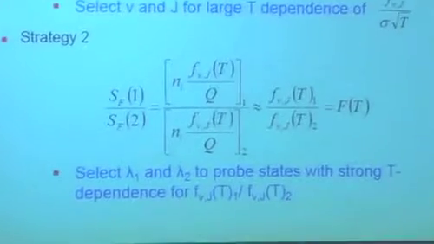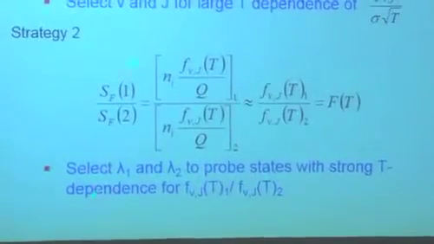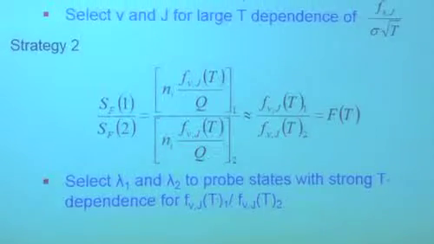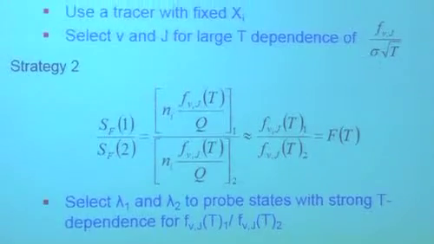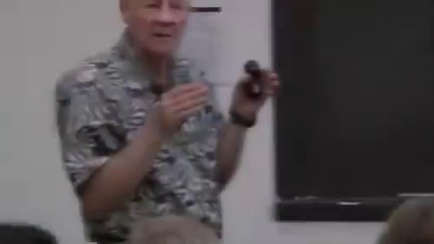Second strategy that's more common is that you excite two transitions and you take the ratio of the signals and you get back to the Boltzmann distribution. And you argue that the quench rate is the same. So you have two transitions for the same species. Maybe it's nitric oxide, maybe it's OH.